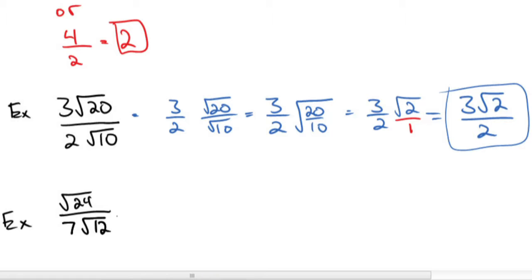Now this is a little bit tricky because there's no number in front of the root 24. So even though there's nothing there, we can just assume there to be a 1 there, because 1 times the root of 24 is just root 24. So I can just rewrite this as 1 over 7 times the square root of 24 over the square root of 12.